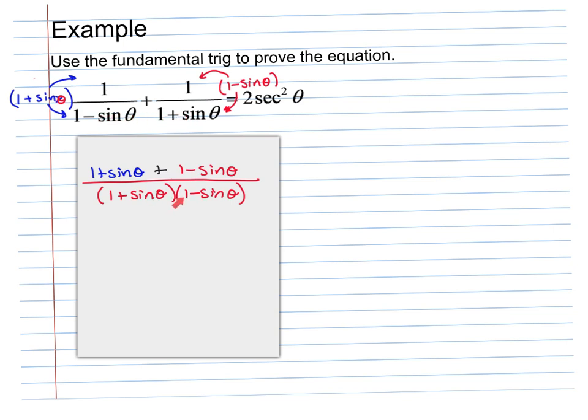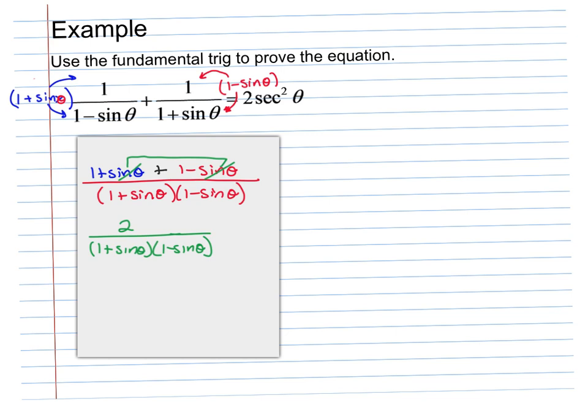The next thing I'm going to do is I need secant of theta, so let's see what I could combine. These two combine and literally go away. Now I'm going to have the 2 over the 1 plus sine of theta times 1 minus sine theta.